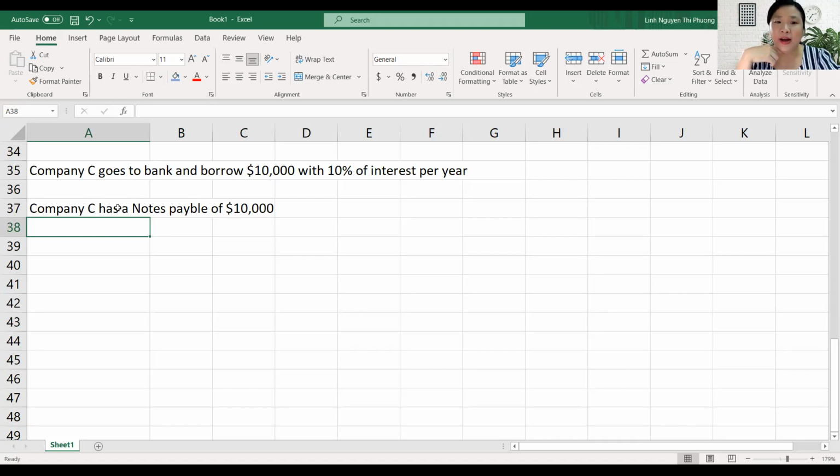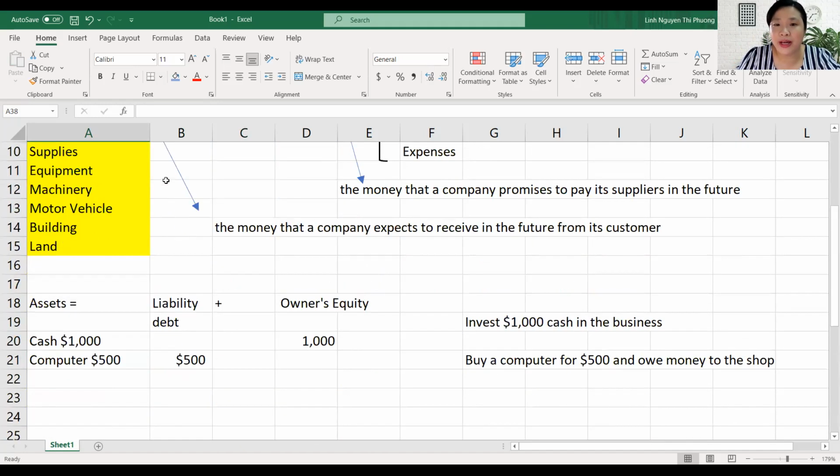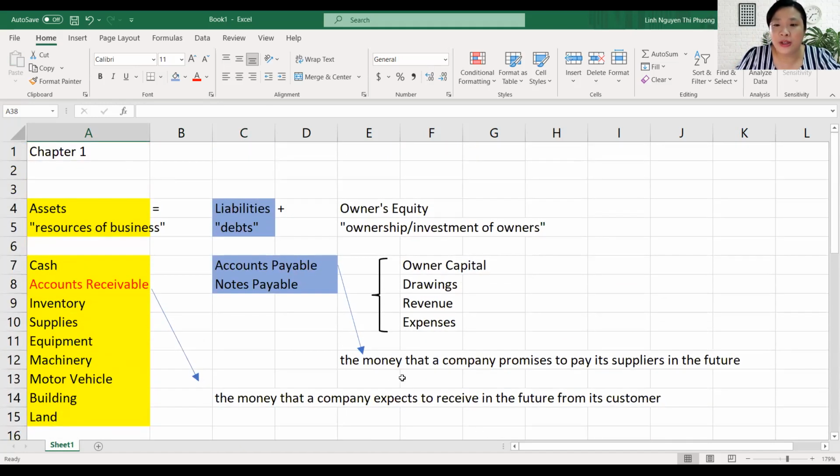All right. Now, what is the difference between account payable and note payable? They are both debts of the company. It means you owe money to someone. But for note payable, the difference is you need to pay back interest. For account payable, because you have a good relationship with the supplier, you promise that you will pay in the future, but there's no interest.